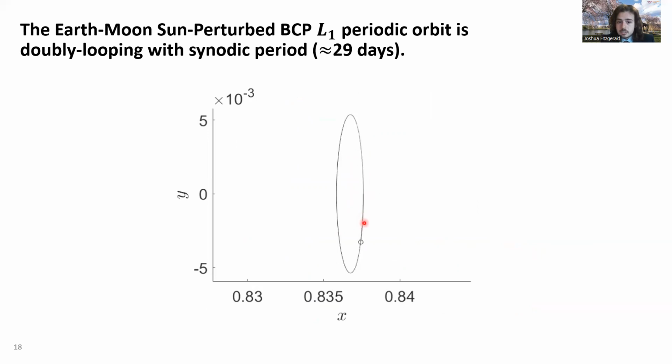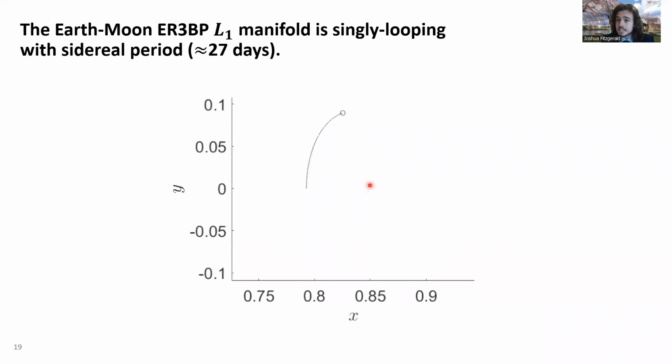You can see it looks like it loops back on itself twice, but it doesn't. They're slightly different. And its period is equal to the synodic period because the period of a Lagrange periodic orbit is always equal to the period of the perturbation. Then the ER3BP, it's got a bit of a simpler structure. It just loops once and it has the sidereal period. It's also much larger in position space.